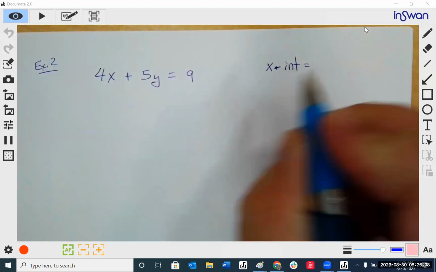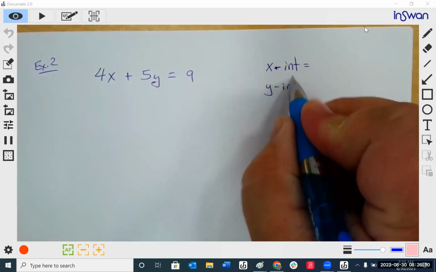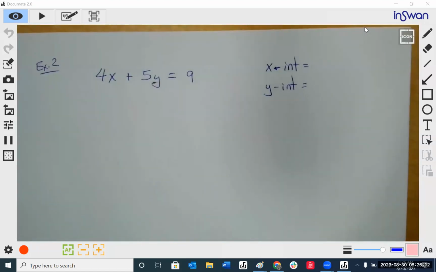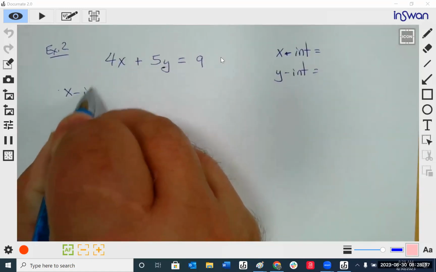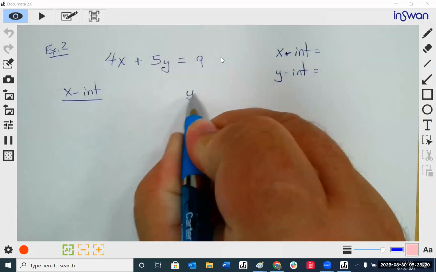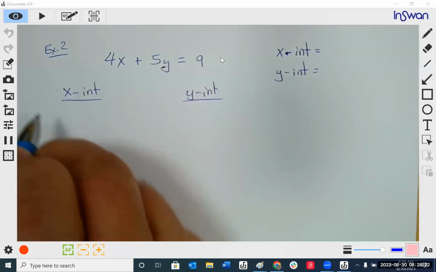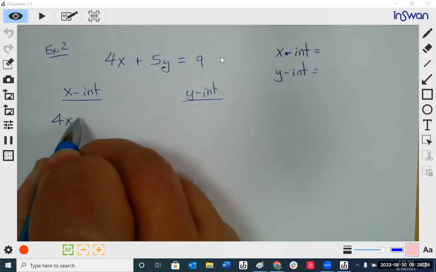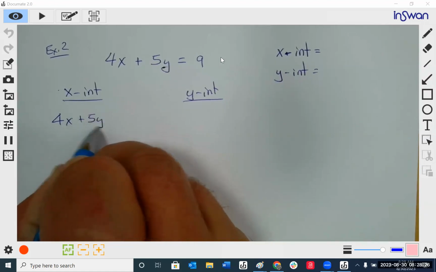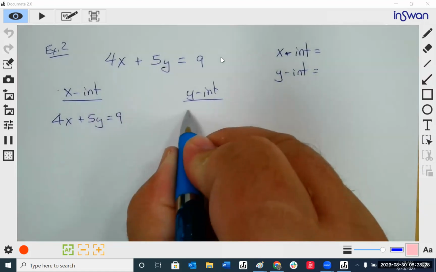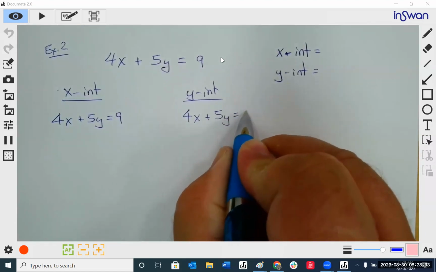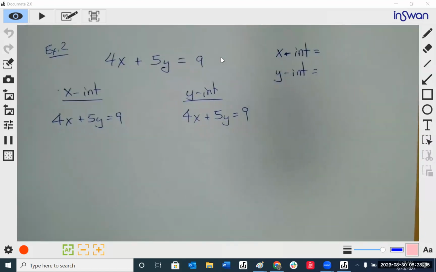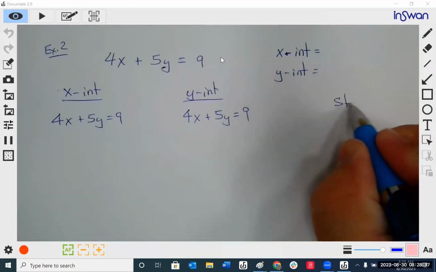The x-intercept equals and the y-intercept equals. All right, so let's get the x-intercept and the y-intercept. I'll put the steps here also.